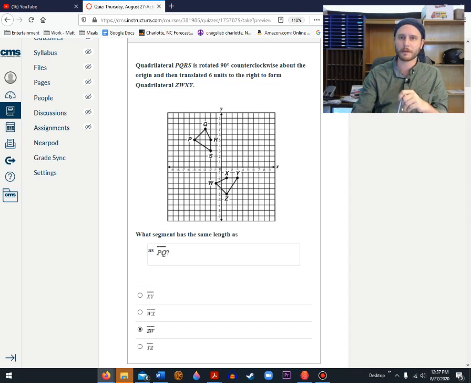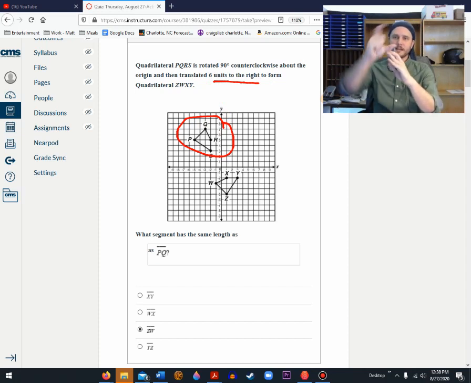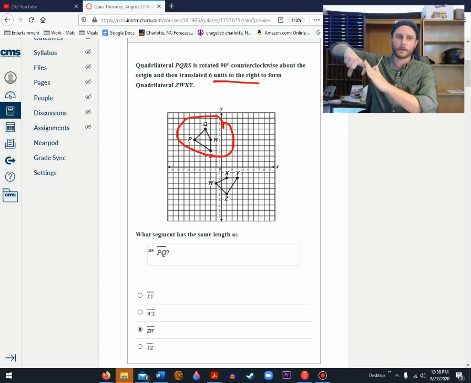So for this problem, it is talking about quadrilateral PQRS being rotated 90 degrees counterclockwise about the origin and then translated 6 units to the right. So this is a shape that is going to be rotated and then shifted over.